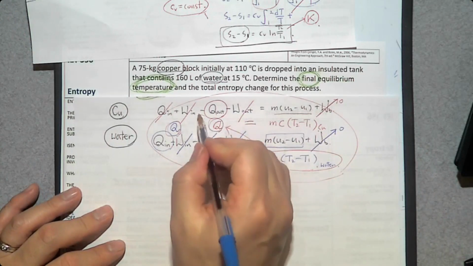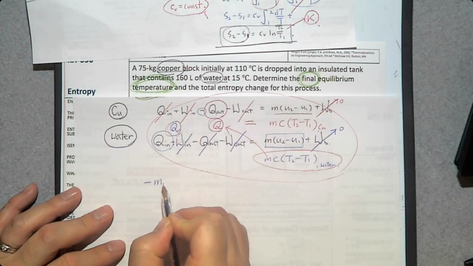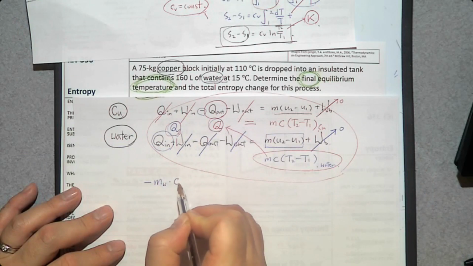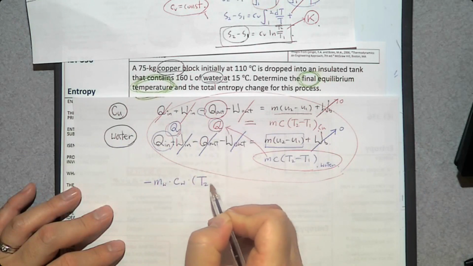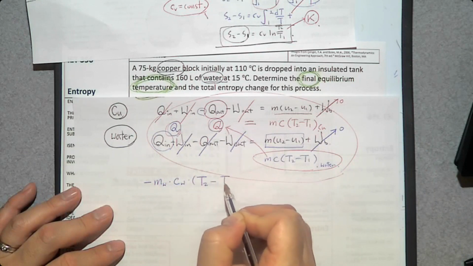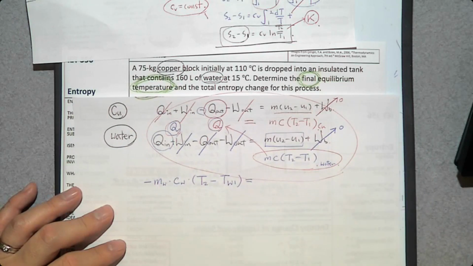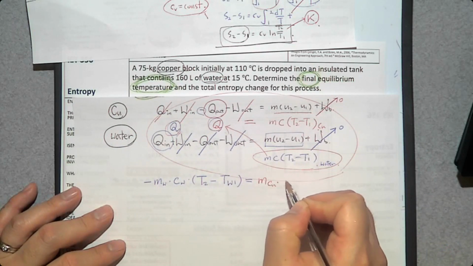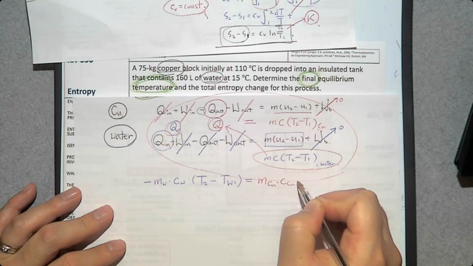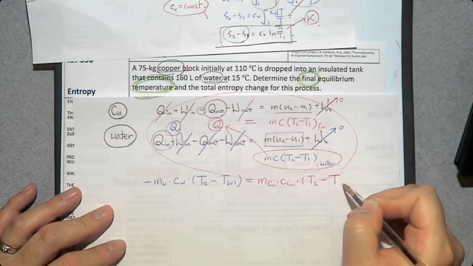So we have a negative sign in front, minus mass of water times specific heat of water times the final temperature minus the initial temperature of water is going to be mass of copper times specific heat of copper times the final temperature minus the initial temperature of this copper block.